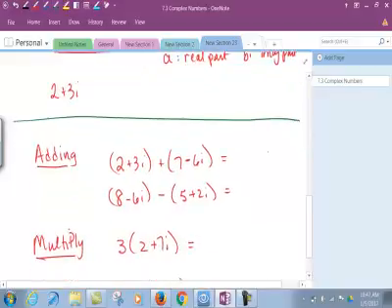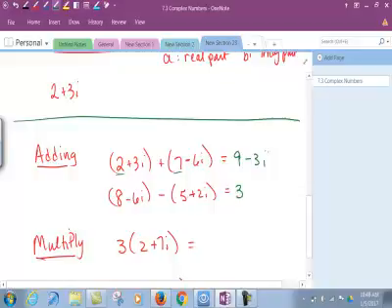All right, so I have some problems on the screen. Adding is super simple. All you need to remember is that you can only add real to real and imaginary to imaginary. So (2 + 3i) + (7 - 6i) would be as easy as 9, 2 plus 7, and -3i, 3i minus 6i. All right. With subtraction, it's also very easy as long as you remember to distribute that negative sign.